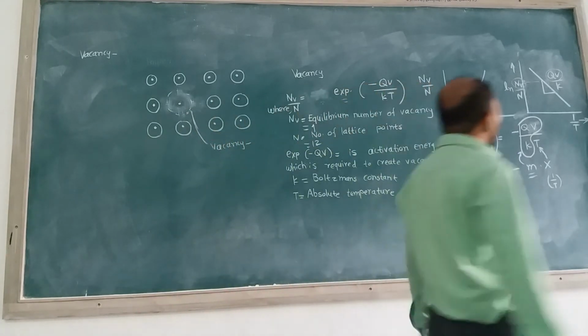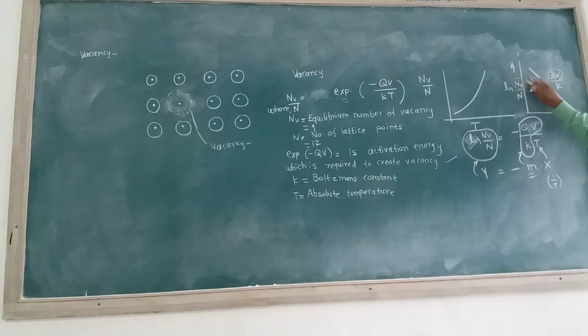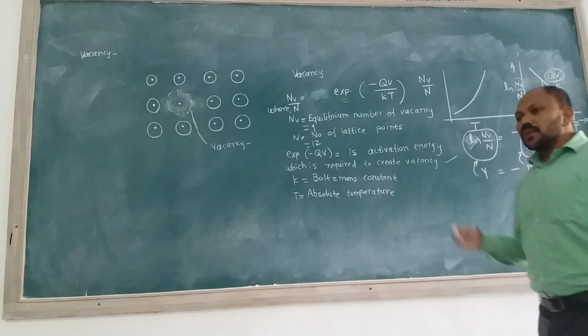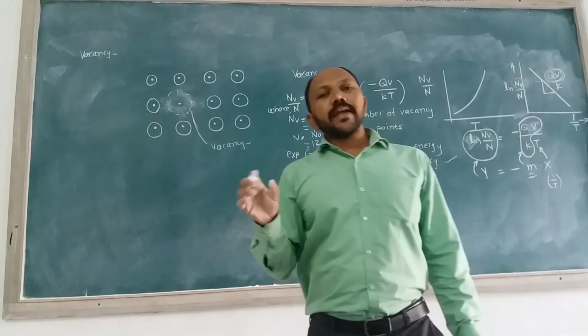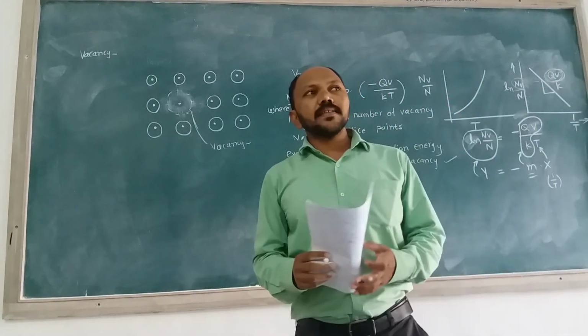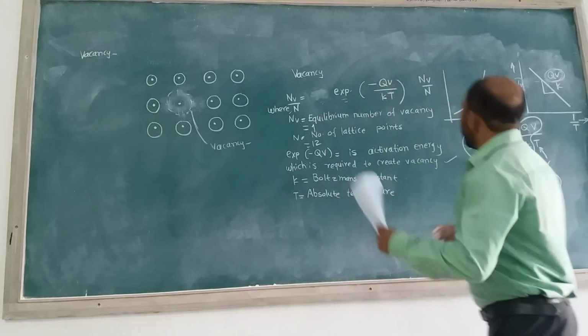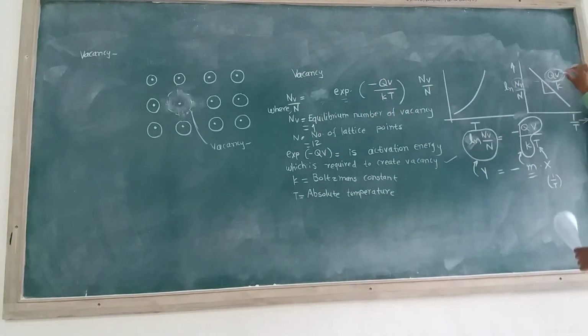Or in reverse, if we know the number of vacancies present in that material, it is possible to find out the energy required to make that many vacancies, that is Q_V.